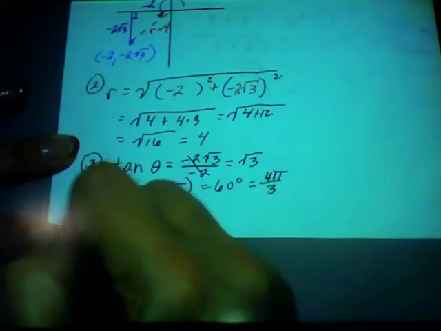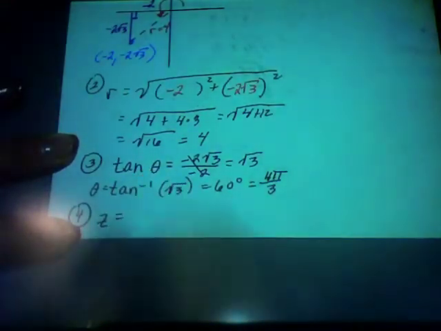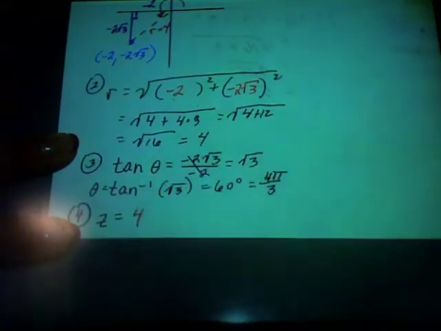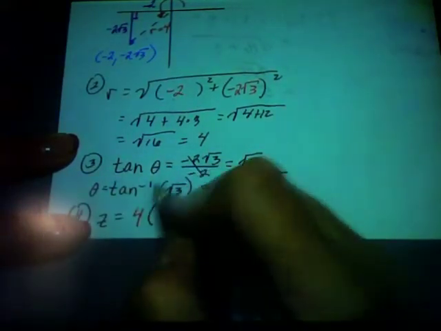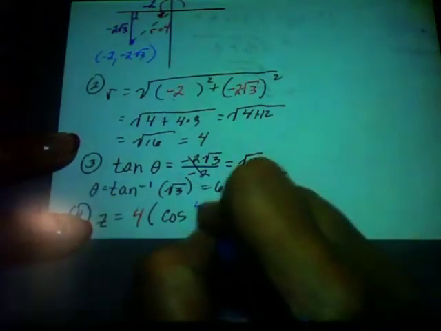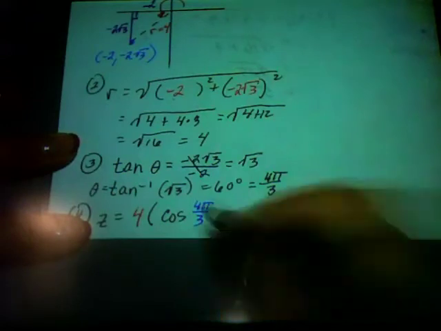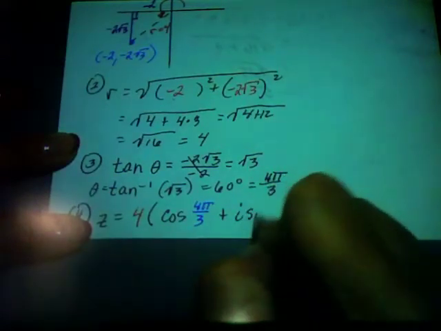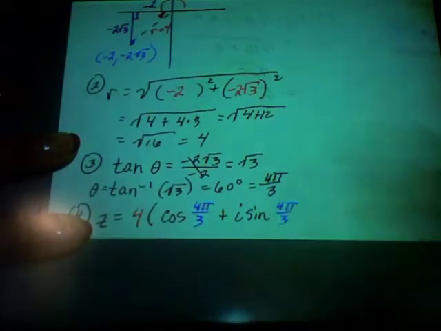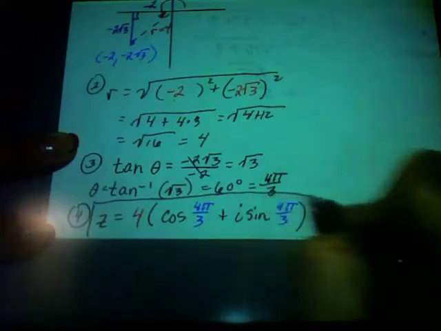So step 4, I'm going to take my z equals my r, which is 4, multiplied by cosine of 4 pi over 3 for theta, plus i sine, and our theta again is 4 pi over 3. And that is your trig form. You're not going to do anything more with that.